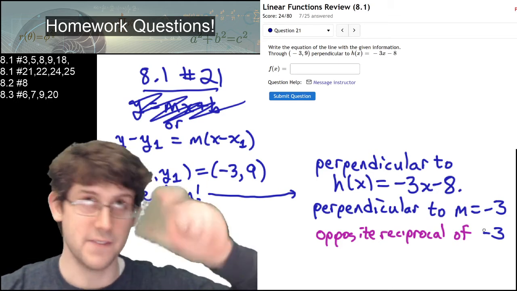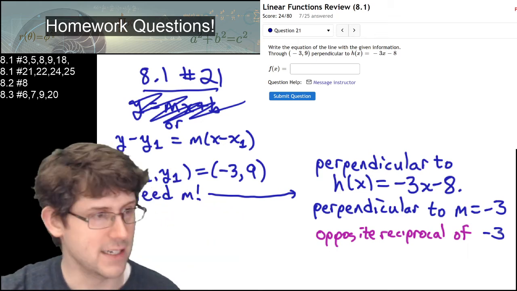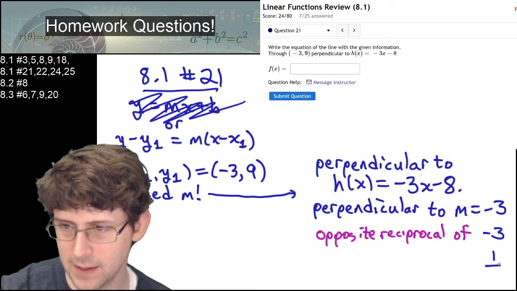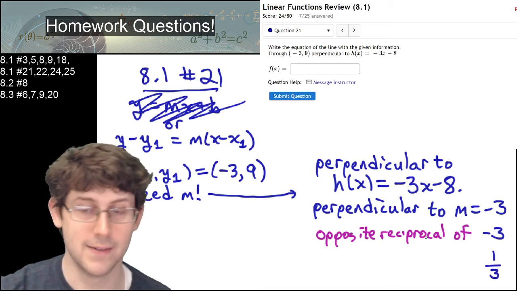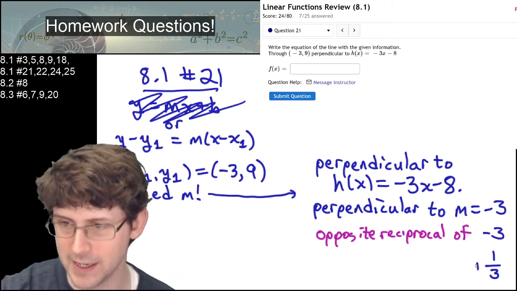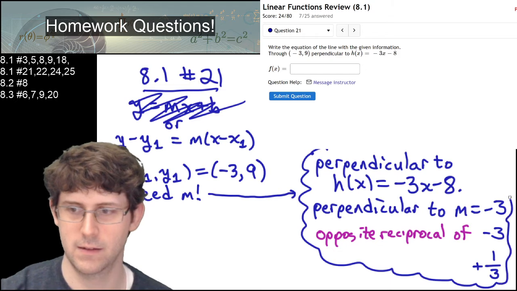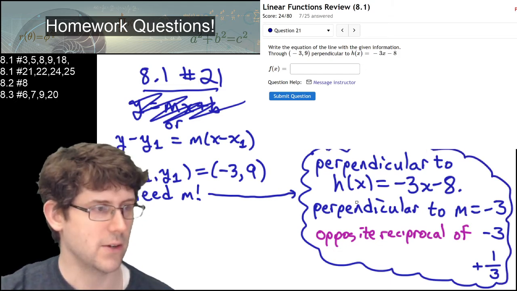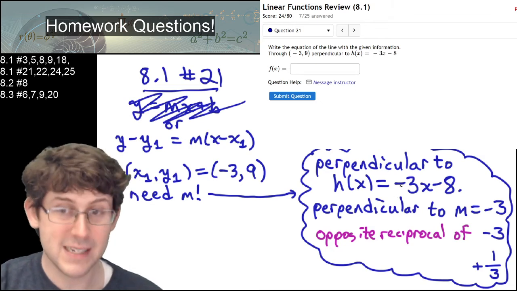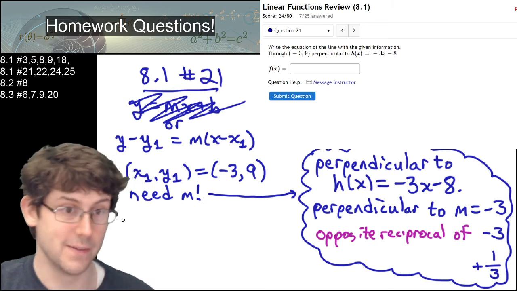If it's a fraction, you take the reciprocal, you flip the fraction. If it's not a fraction, like this, if it's 3, you flip it anyway and make it a third. That's the reciprocal part. And then the opposite part is you switch the sign. So instead of minus, it will now be plus. So I needed the slope. I found the slope by finding a slope perpendicular to the one it told me about. So my slope is 1/3.